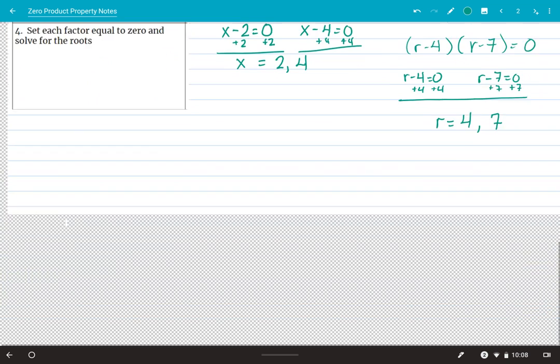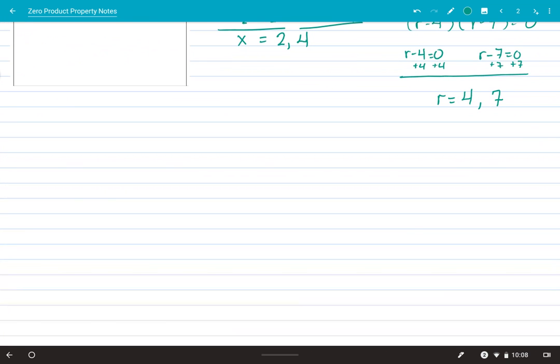Now, if you had one where it was maybe like 2x minus 3 and maybe 4x plus 7 equals 0, you're definitely going to set them also equal to 0.